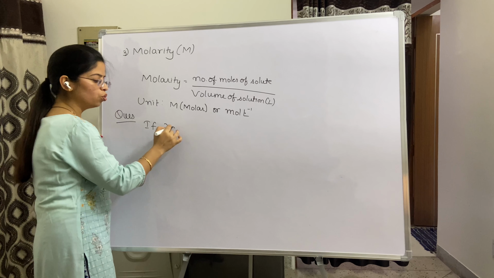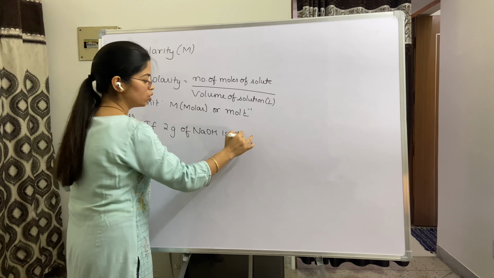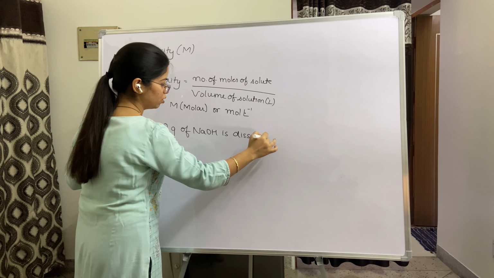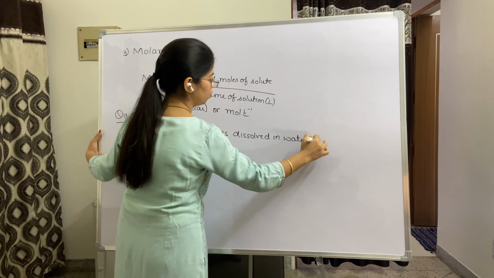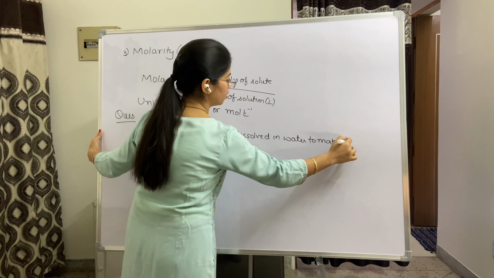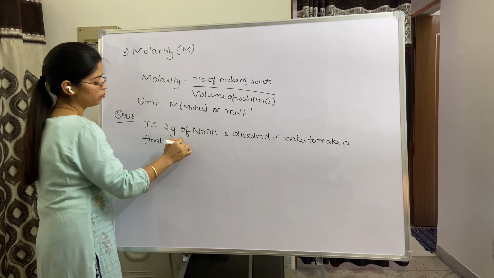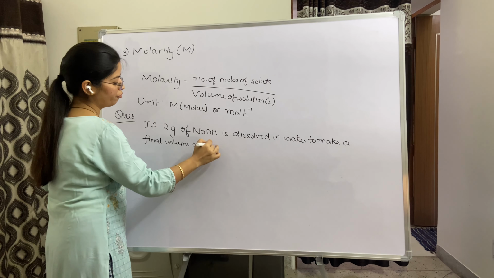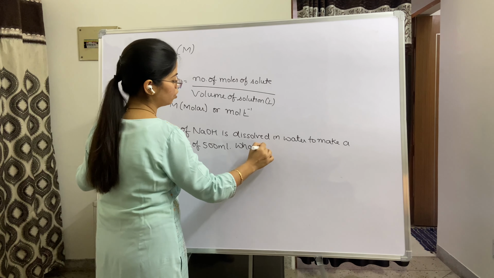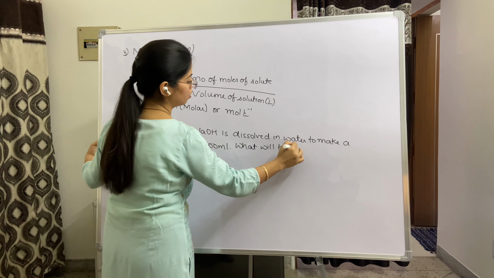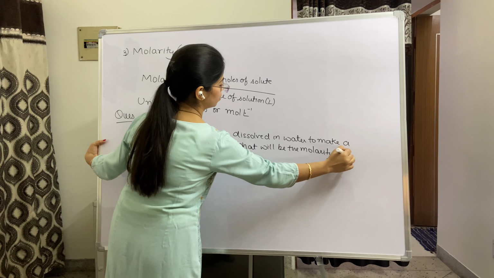If 2 gram of NaOH is dissolved in water to make a final volume of 500 ml, what will be the molarity of the solution?